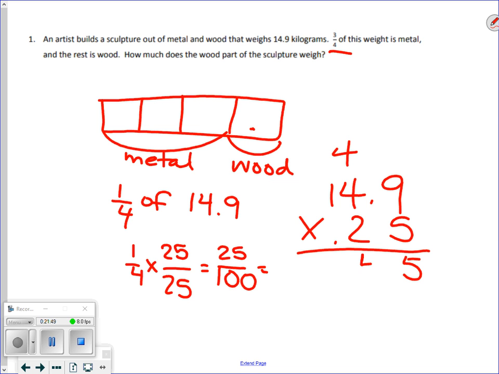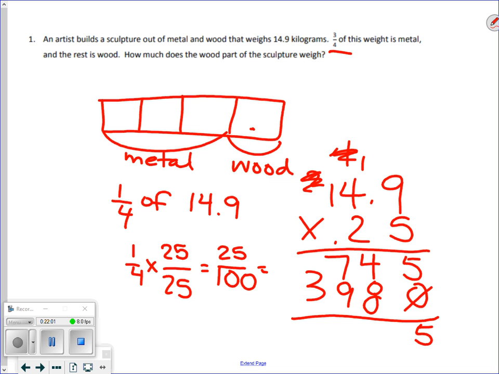20, 24, 7, 18, 8, 9. I did something really wrong. I don't even know what it was. 12, 17, 4. Oh, because I didn't move my decimal in front of 1, 3. 1, 2, 3.